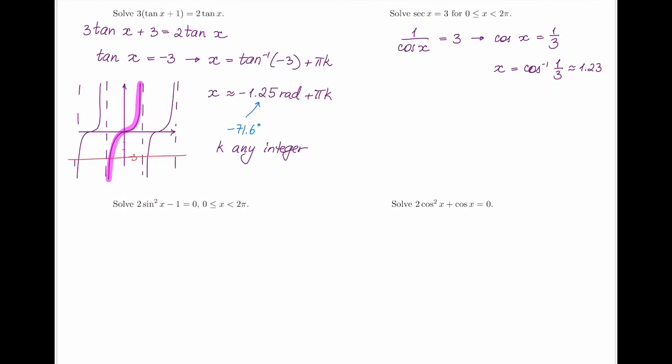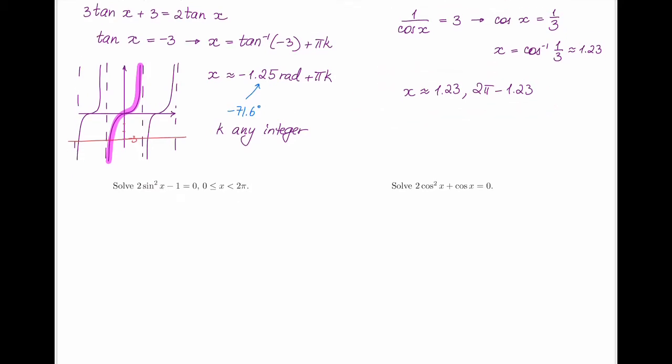So my one solution will be 1.23 radians, and my other solution will be 2 pi minus 1.23 radians. Now, once again, here I am restricted to be within the first rotation of the circle, so I do not have to add a period to my answer, and I'm done right here. This is going to be my final answer here.